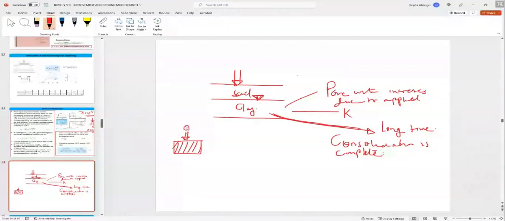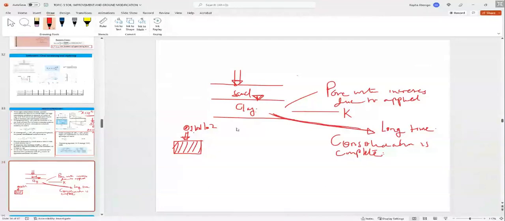I think it's usually, let me see, 1 kilonewton per meter squared. Why? Initially, that's like a seating pressure to avoid this soil from swelling. When the swell stops, then you double the load to 2 kilonewton.